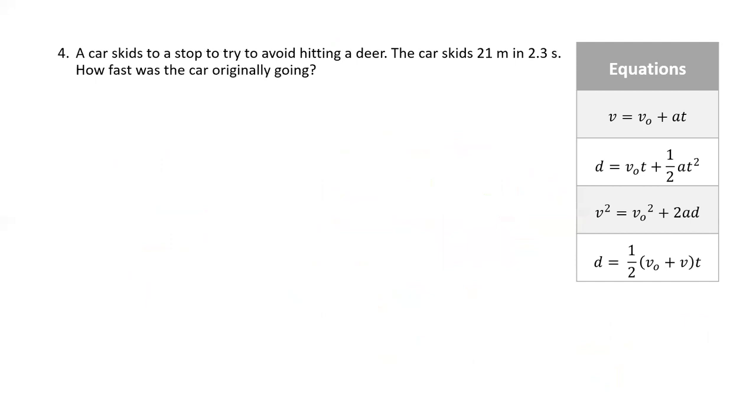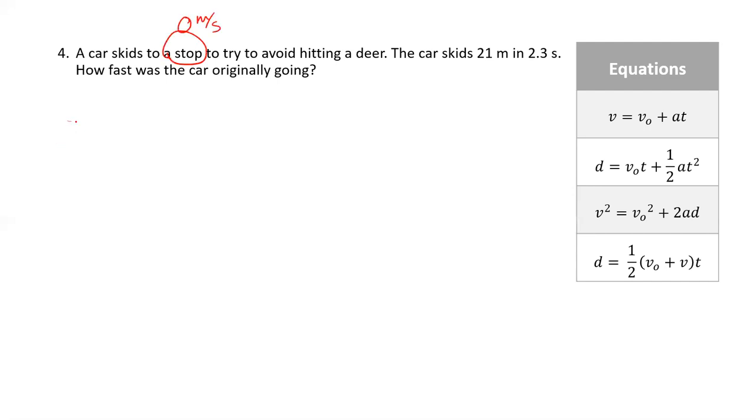Question 4, a car skids to a stop trying to avoid hitting a deer. The car skids 21 meters in 2.3 seconds. How fast was the car going originally? So again, I take a minute and list all the information I'm given in the question. Car skids to a stop. That's 0 meters per second.